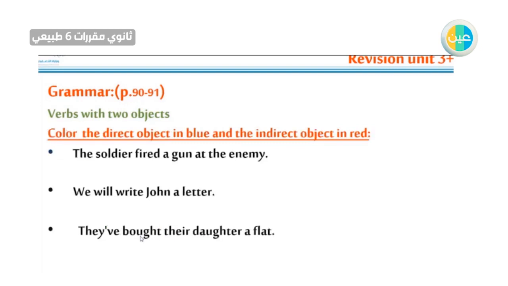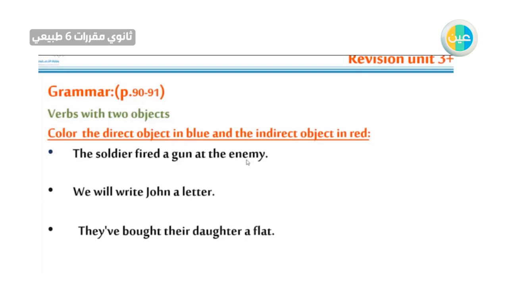Color the direct object in blue and the indirect object in red. The soldiers fired a gun at the enemy. Where is the subject? The soldiers. Fired is the verb.